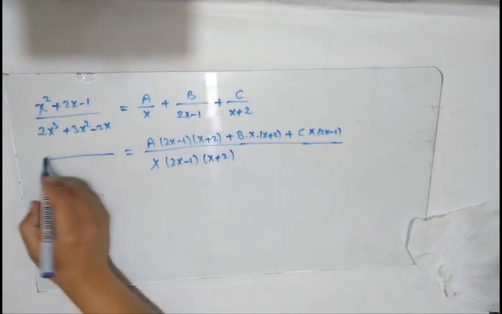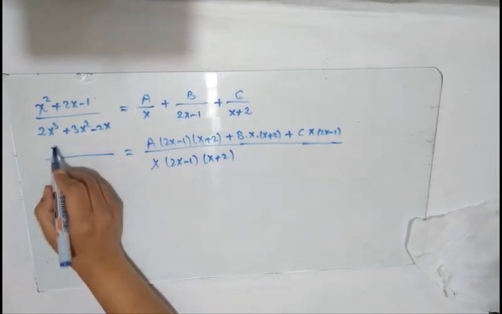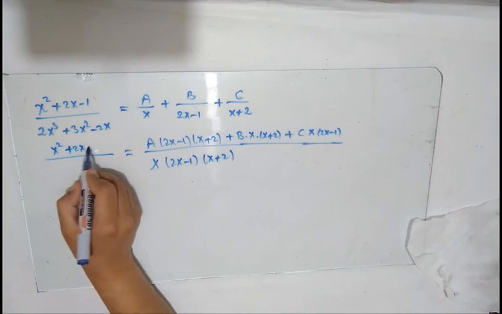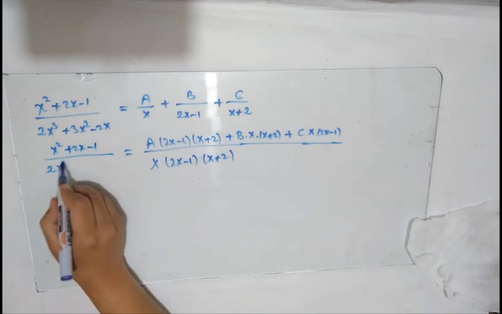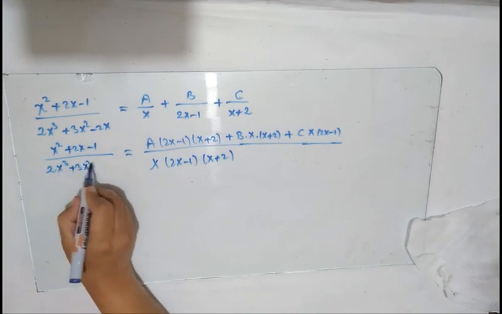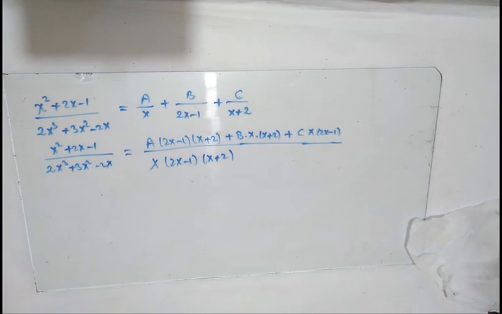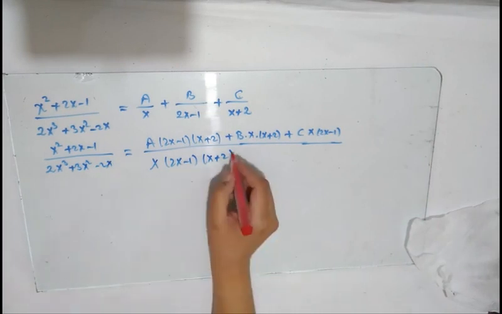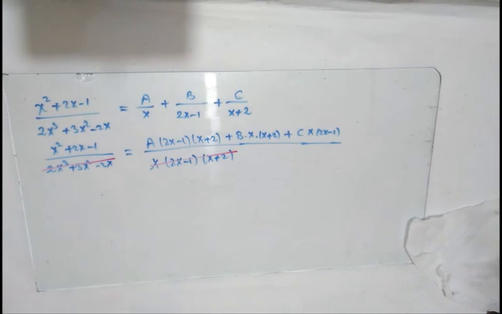Okay, so here the left hand side was x squared plus 2x minus 1 over 2x cubed plus 3x squared minus 2x. So we can cancel this with this because they are the same.